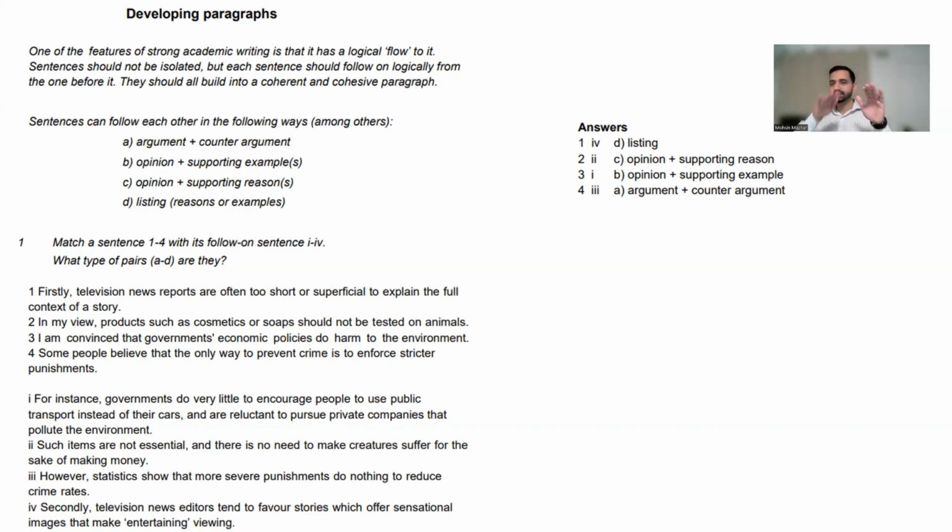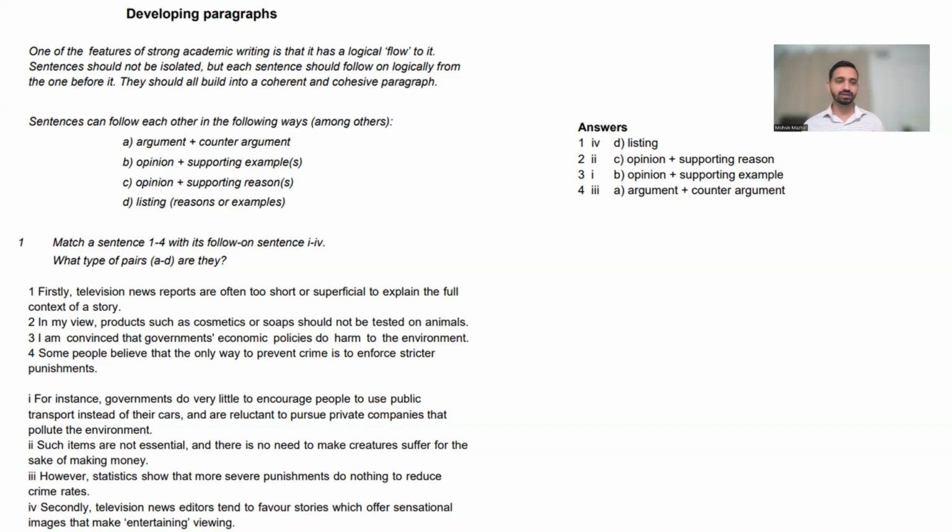Secondly, you can already see these words are in logical sequence. Firstly, secondly, thirdly, finally. These are some of the words we use to flow through ideas coherently and cohesively, right? This is a listing sentence. You're giving reasons or examples.